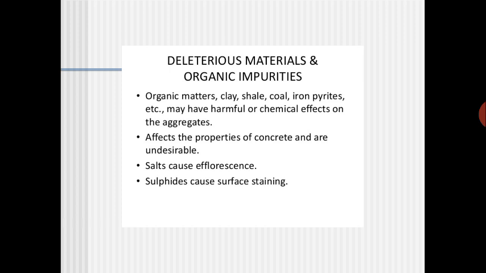Deleterious materials and organic impurities. Deleterious materials include the salt content and the sulfate content, normally observed in the aggregates. And the organic materials like clay, shale, and some of the coal and iron pyrites, which contain carbon as the main content in their structure.